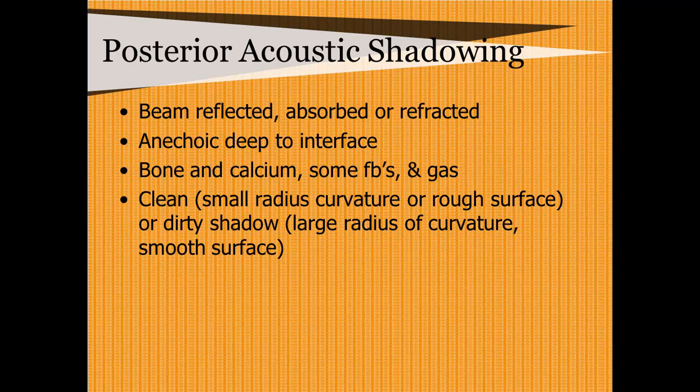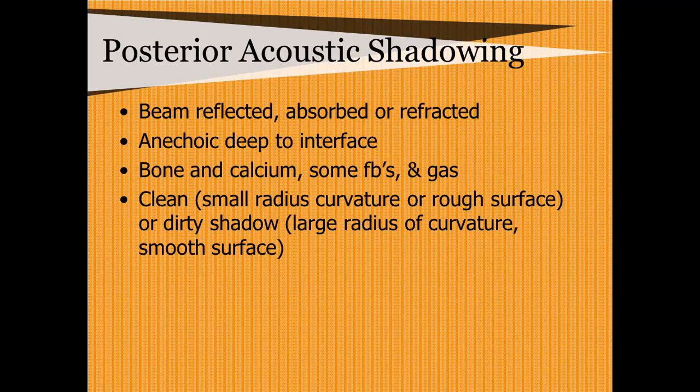Posterior acoustic shadowing is our next one. You're going to get that the same way as you would with a stone in the gallbladder, let's say. The beam is reflected mostly by this strong reflector, and some of it may be absorbed or refracted. What you end up with is an anechoic area, or shadow, deep to the interface that you're hitting.